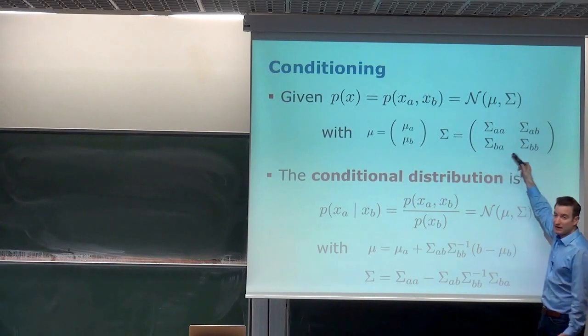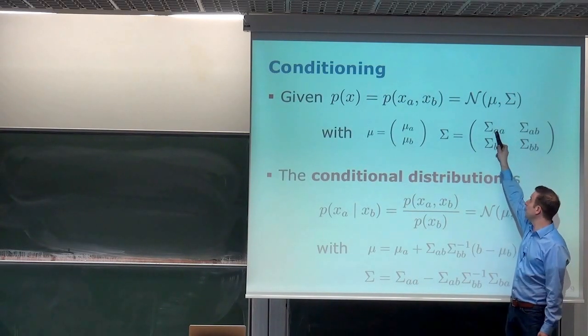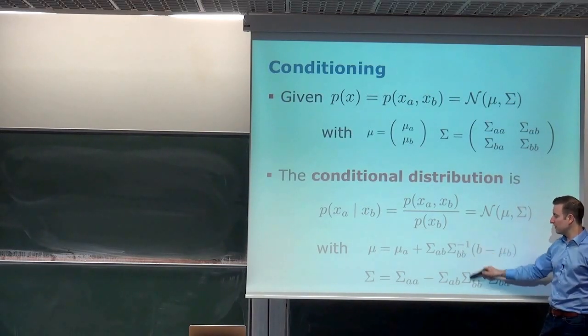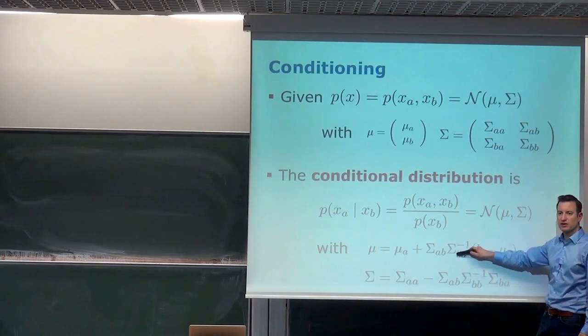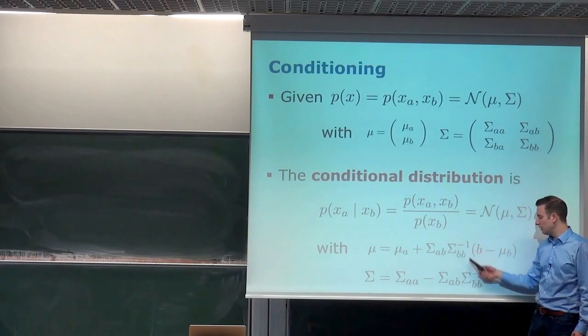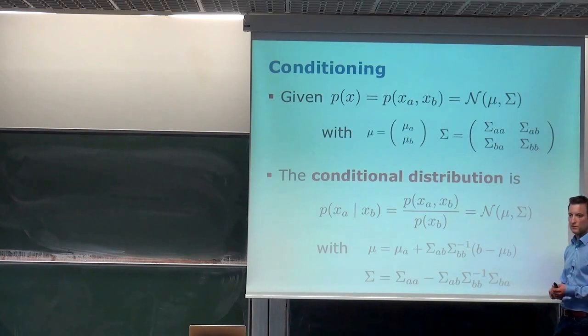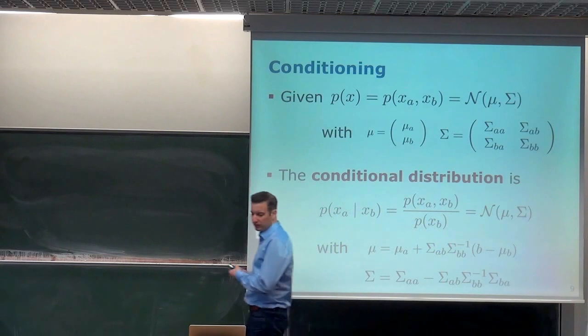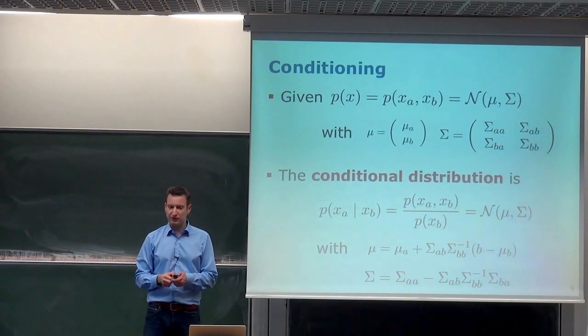Let's say we have a high-dimensional state space, and this is a small part of the state space. This is a large part of the state space. This requires an inversion of this matrix, and this may be computationally expensive. We can do it, but we may need to invert this matrix. But we can compute the conditional, and the important thing is that the conditional distribution is, again, a Gaussian distribution.